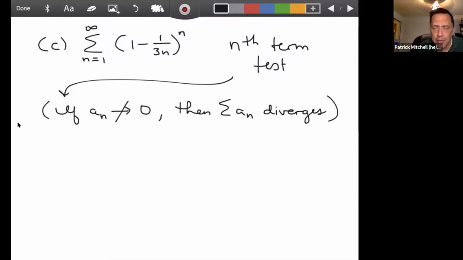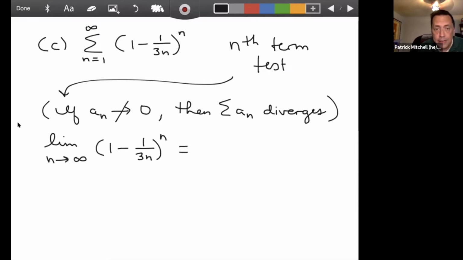Okay, you have to use something else. So I use the nth term test when I have an inkling that that nth term might not be approaching 0. So let's look at the limit of that nth term. And I am going to take a little shortcut here, but I will explain how to do this the long way if you didn't have this shortcut handy.